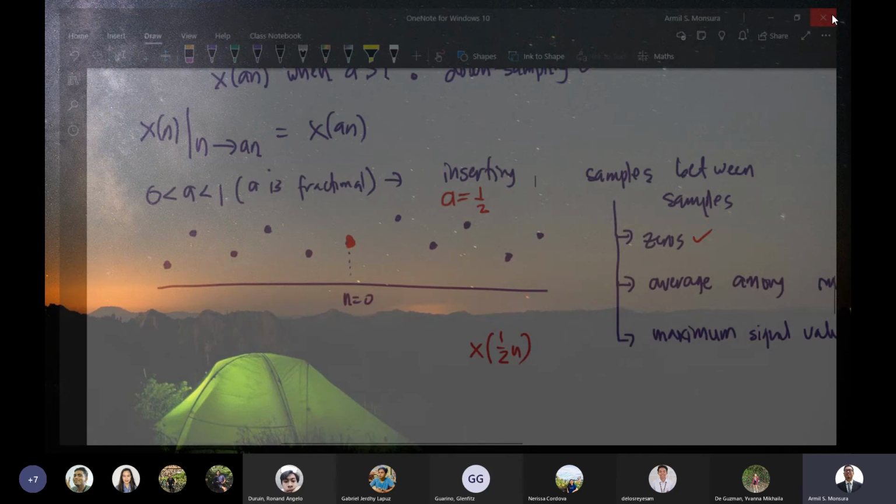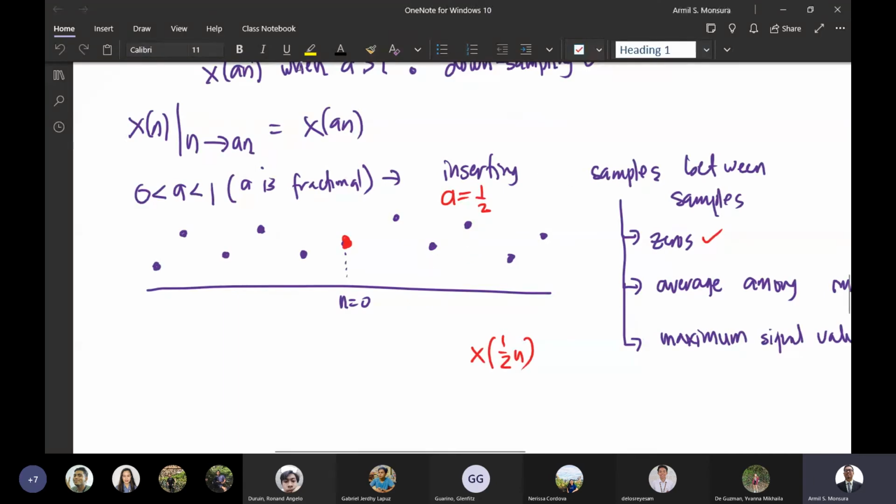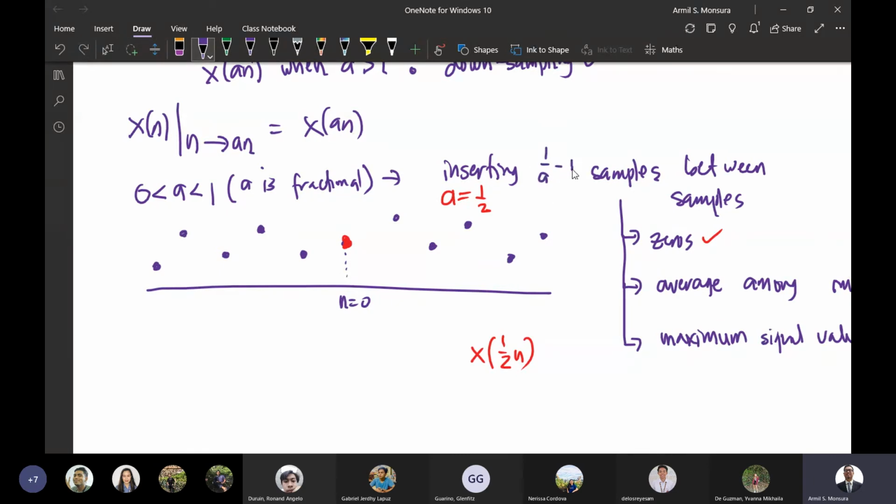This should have been 1 over A samples, minus 1 samples. So ibig sabihin kung A is 1 half, this is 1 over 1 half. Okay? So that would be 1 over 1 half is 2, minus 1. So mag-insert ako ng isang sample.